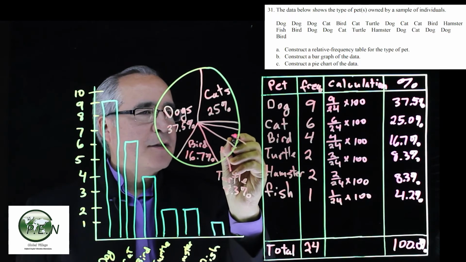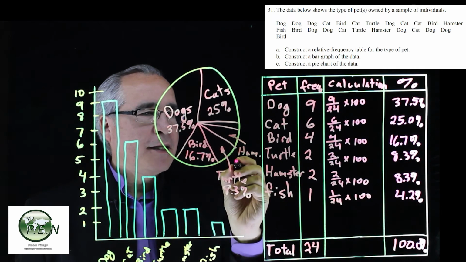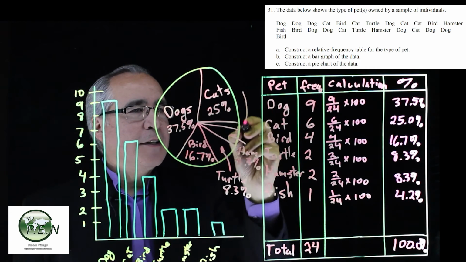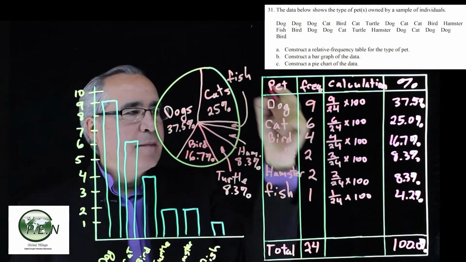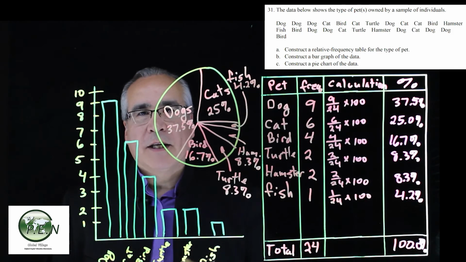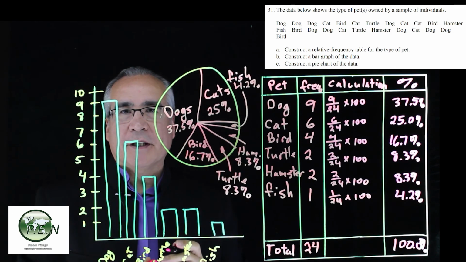This one is the hamster. I'll abbreviate that way, at 8.3%. And this little slice here, that's our fish at 4.2%. That's a frequency table turned into a bar chart, turned into a pie chart.